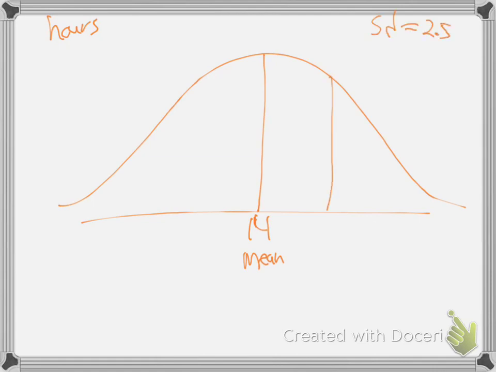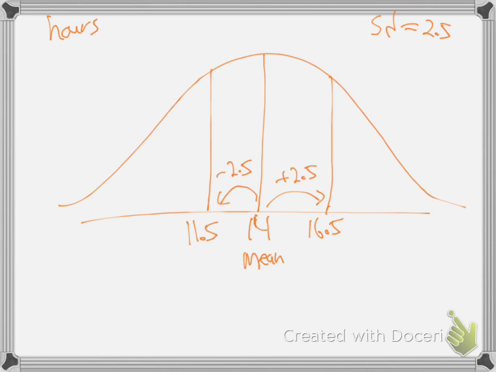So I'm going to go one jump. Forward, if you add 2.5, where you at? If you're at 14, you add 2.5, you're at 16.5. If you subtract 2.5, you take away 2.5 from 14, where you at? 11.5, right?